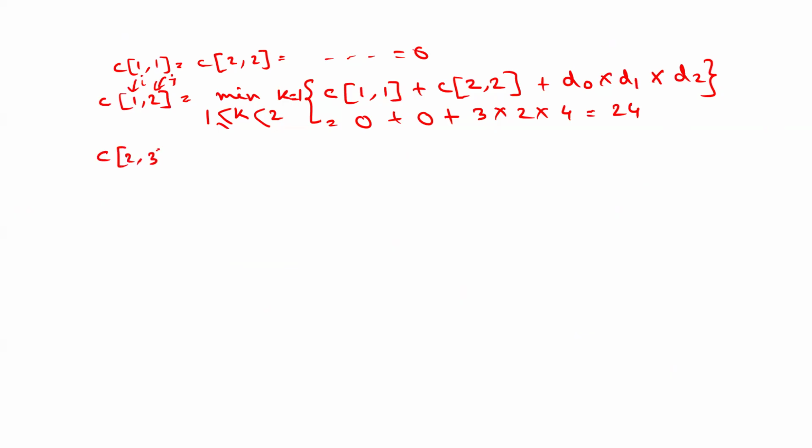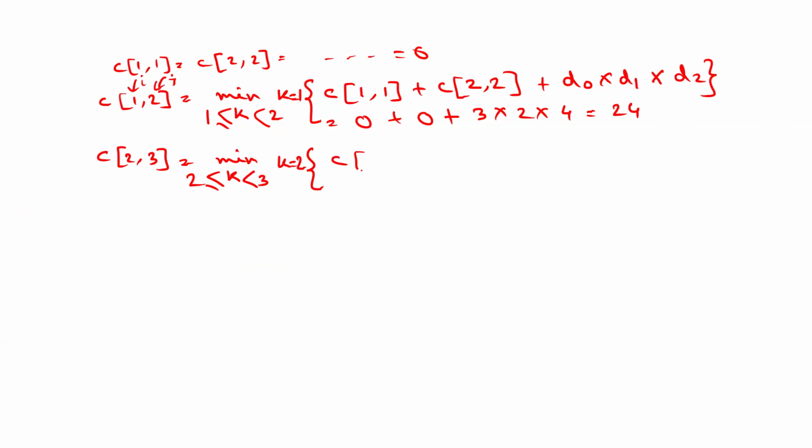C23. In a similar way, minimum, k greater than or equal to 2 and less than 3. Greater than or equal to i, less than j. So here the k value is only 2.